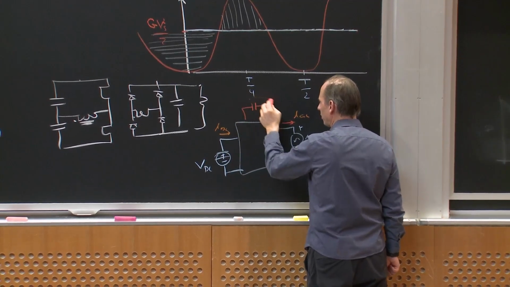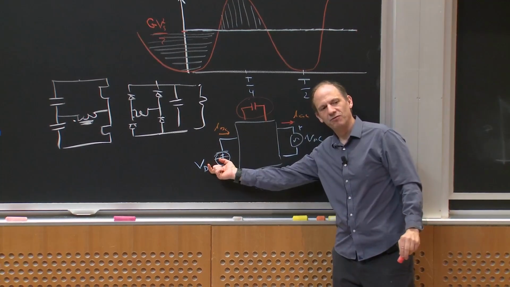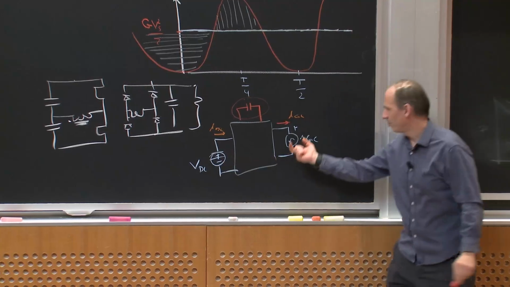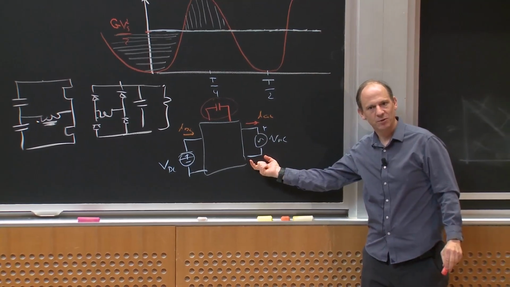You need some third place that's going to store the instantaneous power between VDC, IDC, and the pulsating AC power VAC, IAC. Does that make sense to everybody?